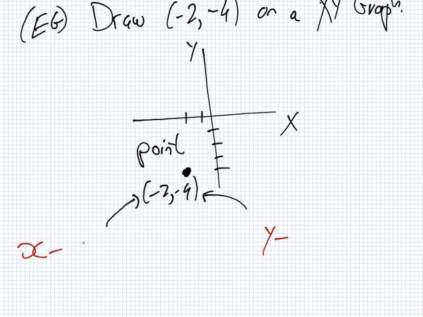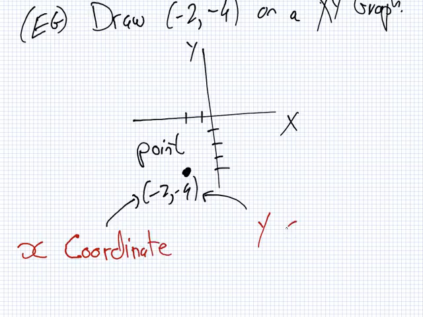Not X point, you're close. X location, almost, but no. Begins with a C.